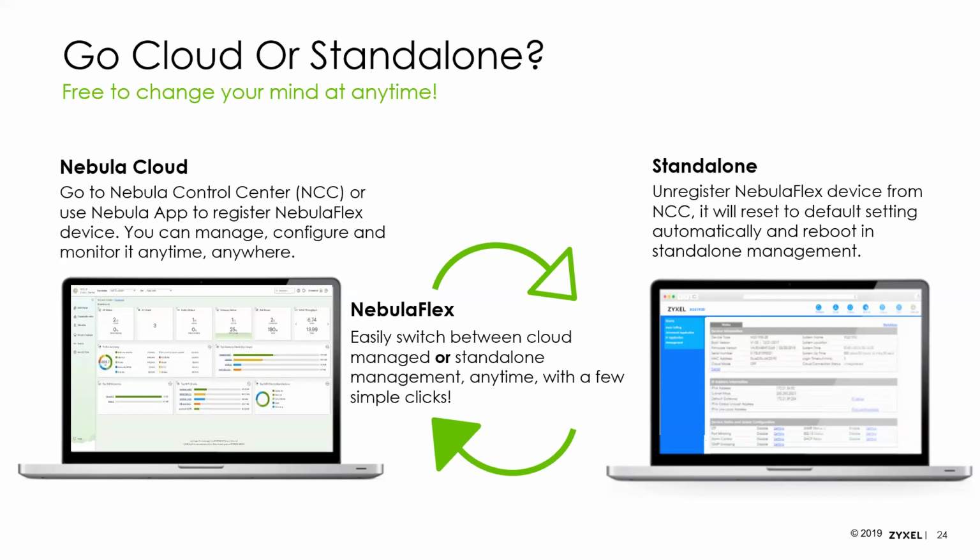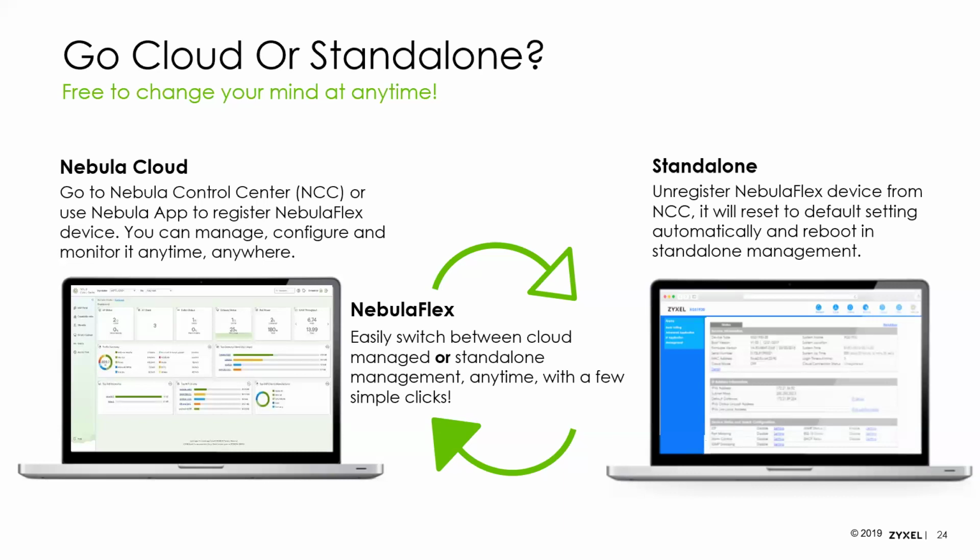Now, to configure it to operate in Nebula Cloud, you don't do anything to the hardware. You do not have to log into our hardware and tell it it's going to be in cloud mode, with the exception of a couple of switch models and maybe some of our security products. But in general, you don't have to do that. All you have to do is scan the QR code that's on the box or on the product itself, and assign it to a network in the cloud in Nebula.